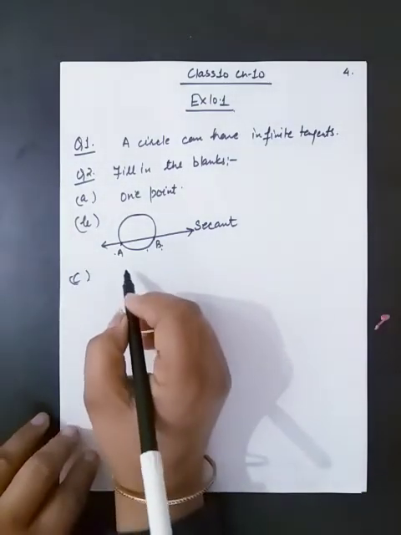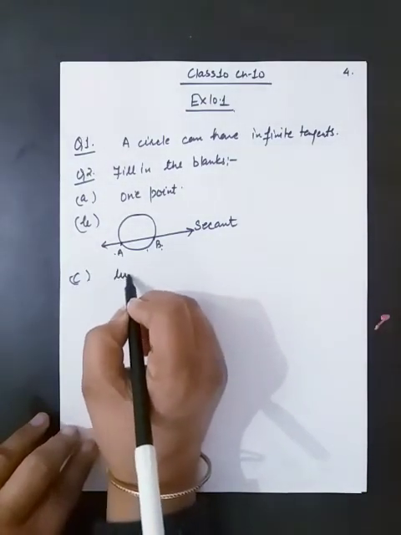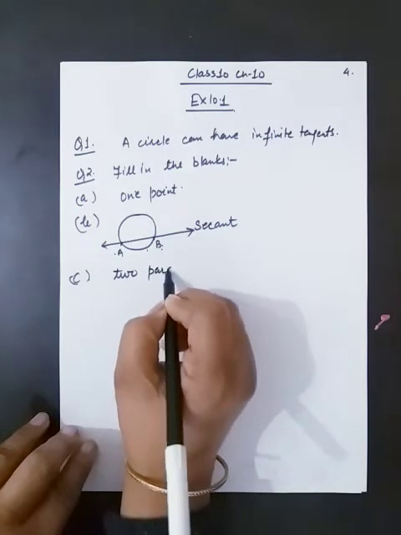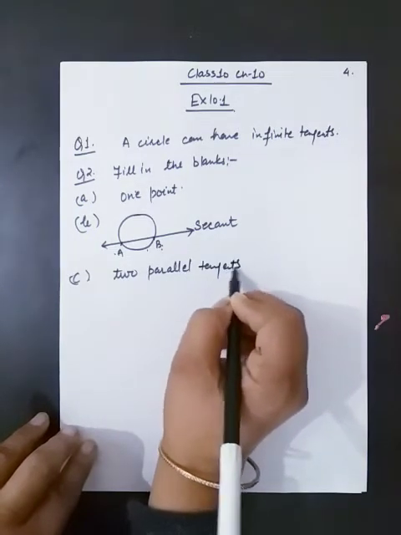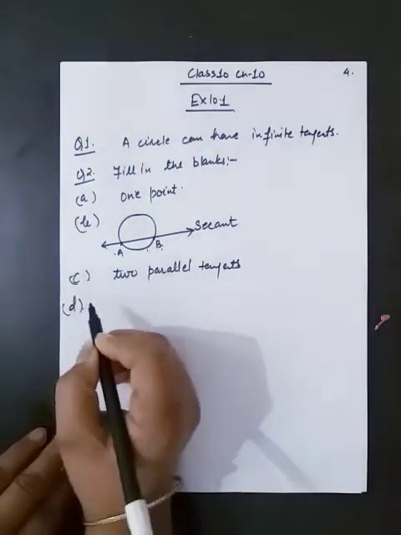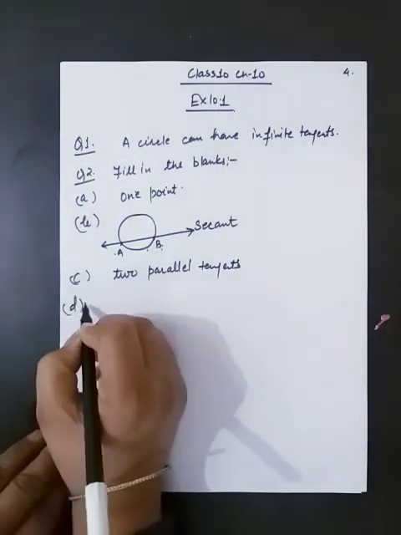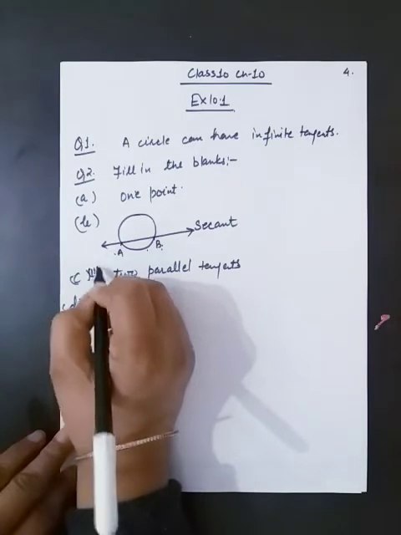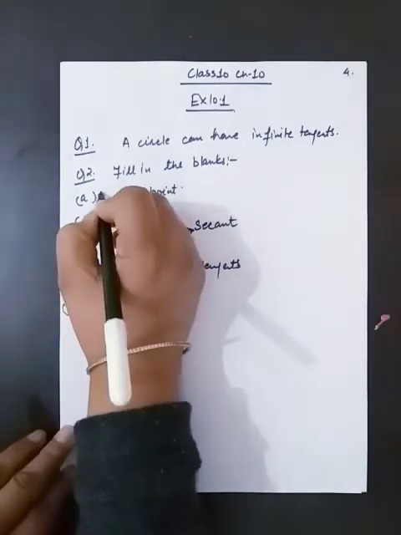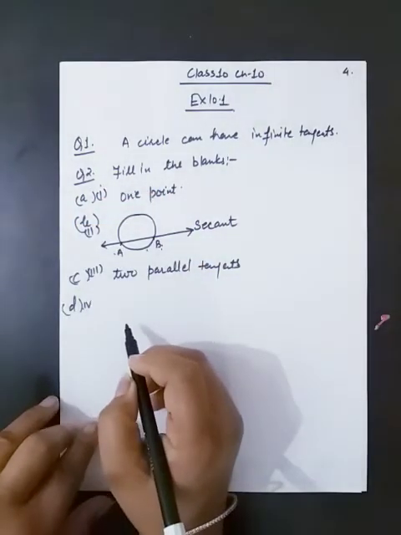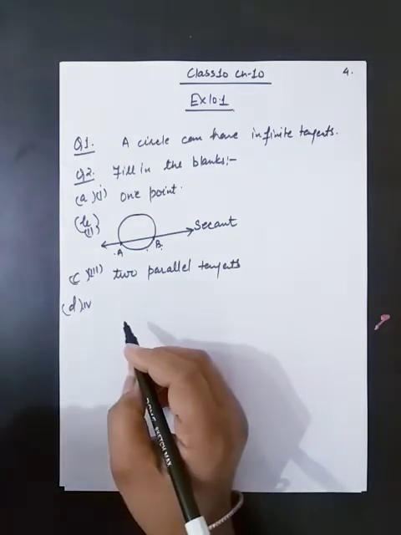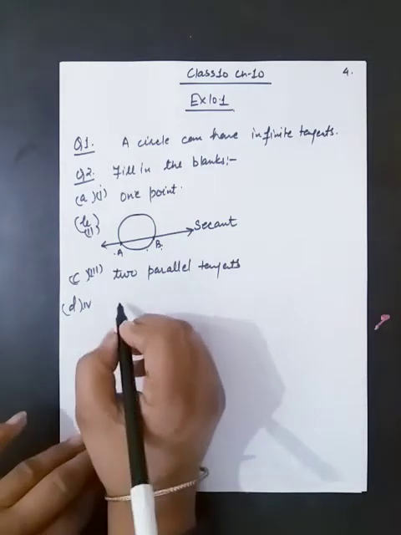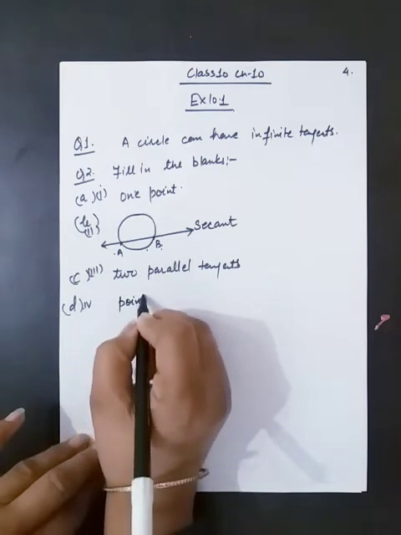A circle can have two parallel tangents. The common point of a tangent to a circle and the circle is called the point of contact.